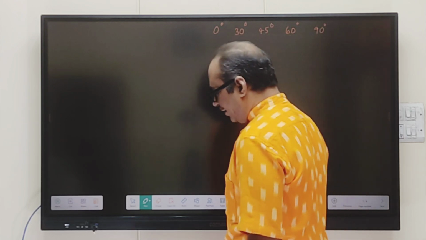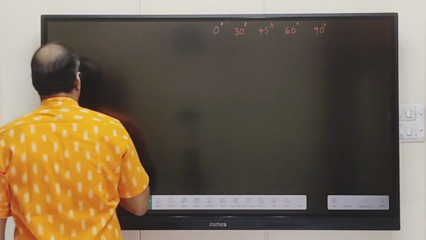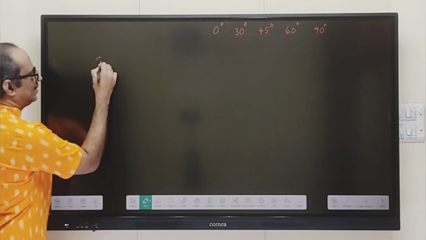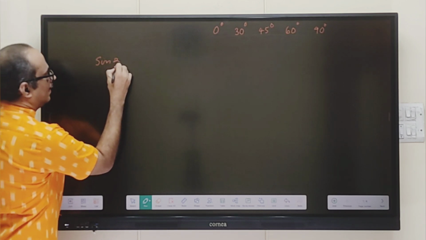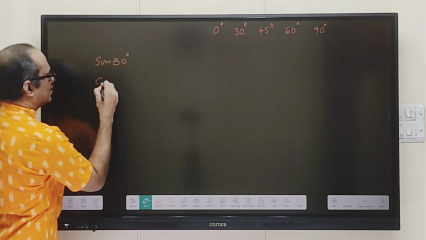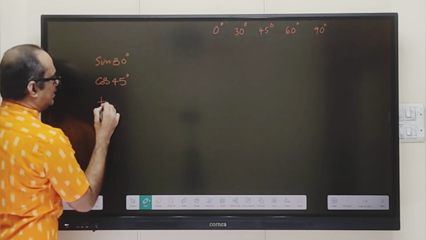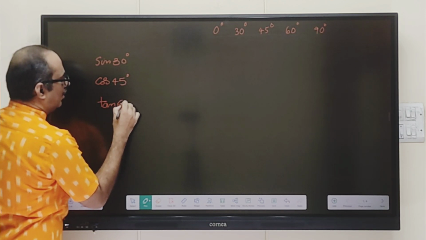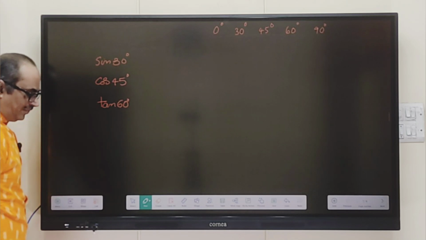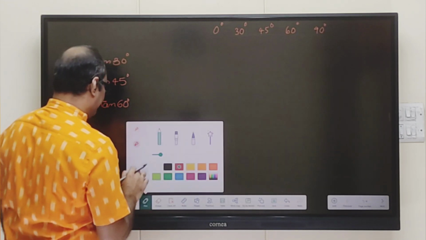That means we are interested in finding out what is sine 30 degrees or cos 45 degrees or tan 60 degrees. How to find out those values?